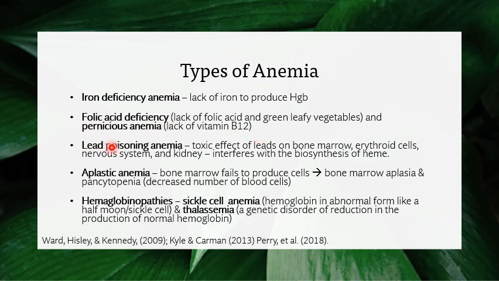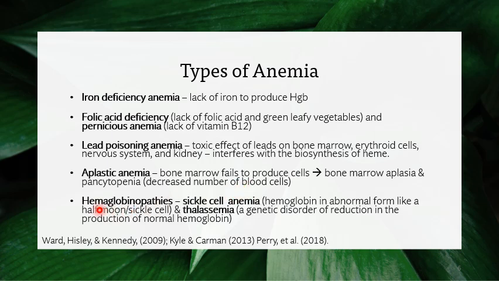And we also have anemia from lead poisoning, a toxic effect from lead that affects the bone marrow, erythroid cells, nervous system, and kidney, and interferes with the production of hemoglobin or the biosynthesis of heme. And we also have aplastic anemia, when the bone marrow fails to produce blood cells, so we have bone marrow aplasia and pancytopenia, so the number of blood cells is really decreased.